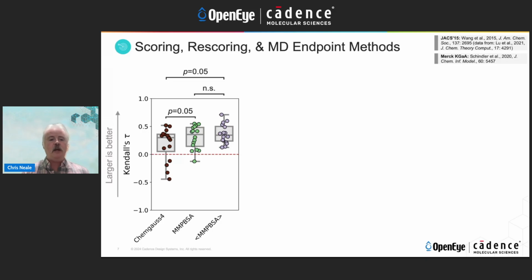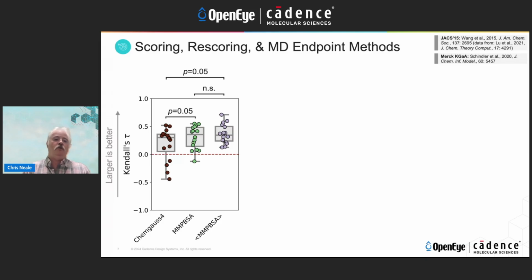So in this plot on the left, in each of these strip charts, each point represents the Kendall's tau for 1 protein target and all of its ligands, as that method can be used to compare to the experimental affinities. On the left, we've got the ChemGauss-4 score. That's our docking score, which has a broad range, but quite surprisingly actually provides utility for some of these data sets.